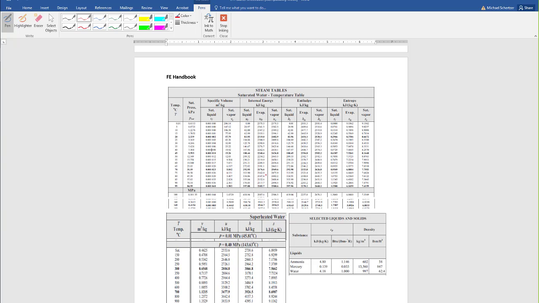Oftentimes, people will write that exam maybe in their last year of undergraduate or right after they graduate, while you're still used to taking tests and some of this stuff is still fresh in your mind. But then there's also a legal exam that you have to take. I think you might have to be working for a little bit before you take that exam, but I'm not exactly sure. I grew up in Canada where the rules for accreditation are a little bit different, but that's where these tables are taken from. They're taken from that FE handbook.